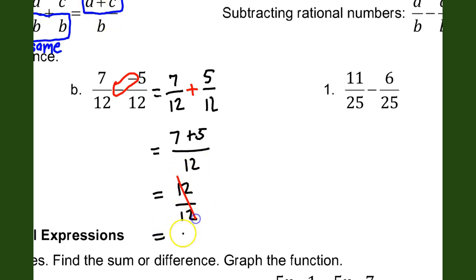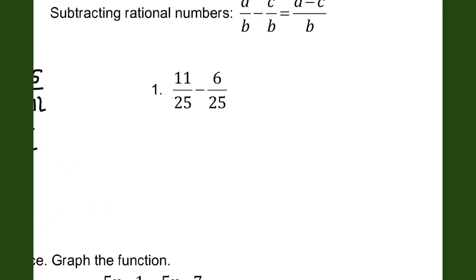12 divided by 12 is 1. And of course, if there's nothing left on the top, you use a 1. If nothing on the bottom, you don't need to write anything. All right. And lastly, we have 11 minus 6 all over 25. 11 minus 6 is just 5.